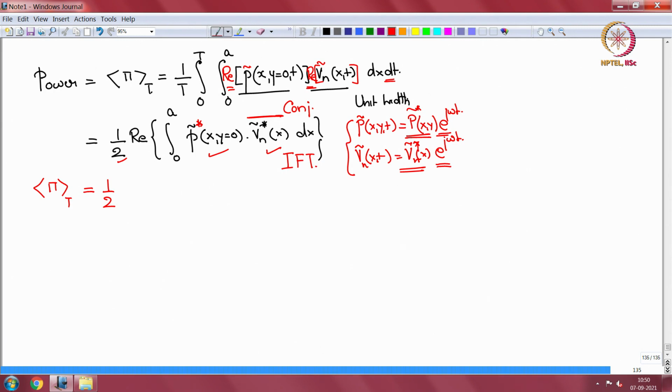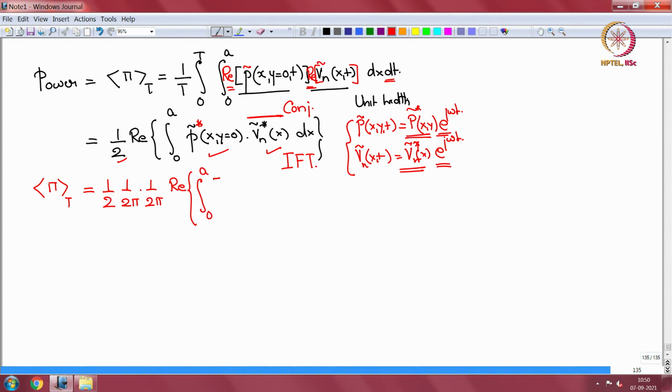Which means I get a 1 over twice pi and a 1 over twice pi, and the real part, then integral 0 to a.